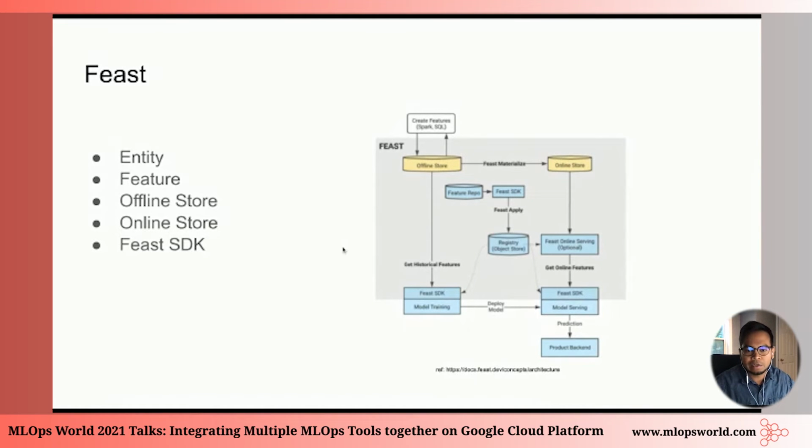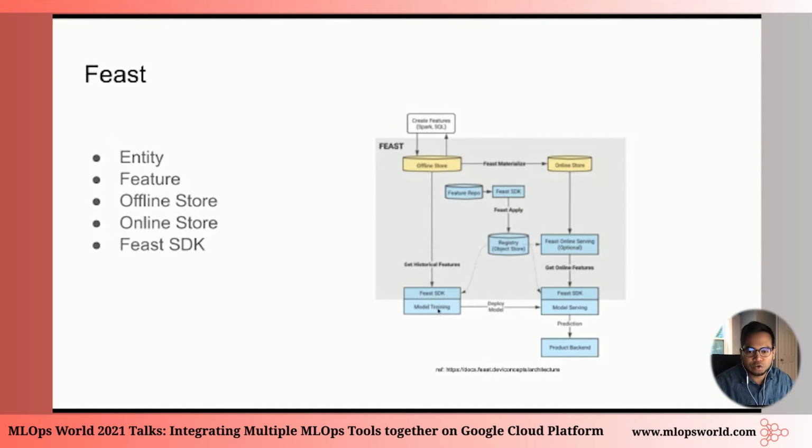On the right-hand side, you see the Feast architecture. In our case, our offline store is BigQuery. It is defined as some reference to BigQuery tables and views. You could also set up some queries. And the online store is Google Cloud Datastore. So when you run a Feast materialize pipeline, you materialize your features from your offline store to your online store, so they can be served in real time.